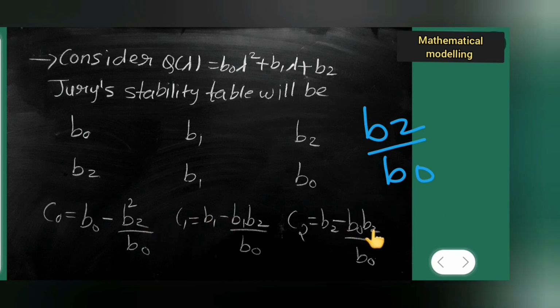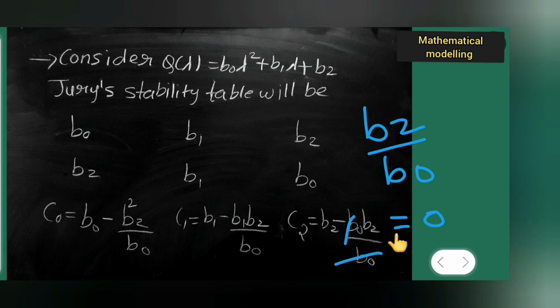So I have to multiply with this. Then next step is what now? This b0 is going to cancel, and b2 minus b2 will give you nothing but 0.